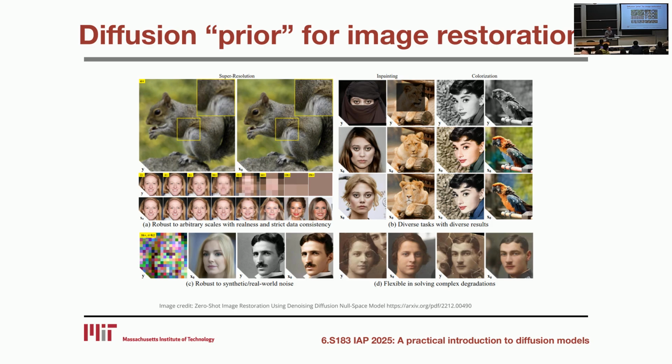Also colorization, where you're given a black and white image and you want to fill in the colors. The reason the diffusion model is able to do this is because it understands, for example, what colors these different parts of the image should have from its training data. Or it understands what to fill in here. This is a lion. And it's able to do this very well.